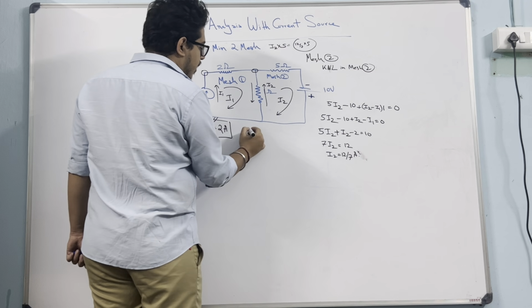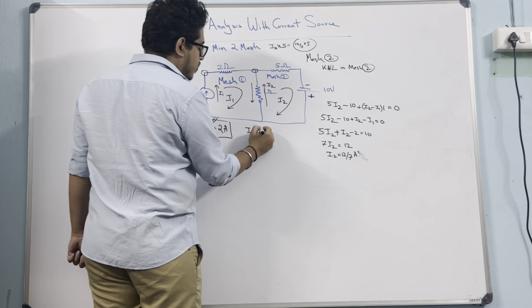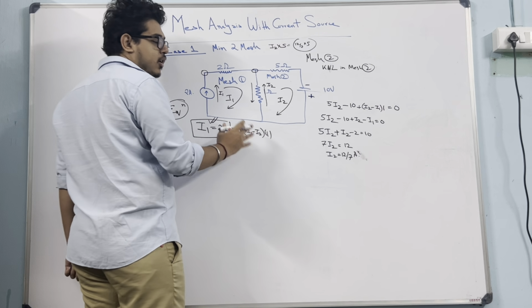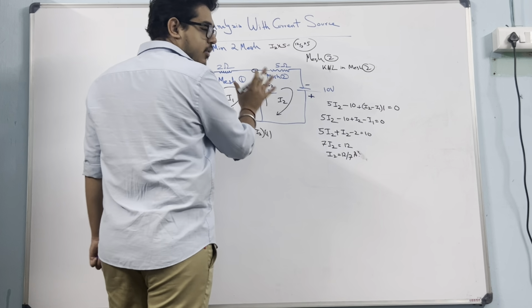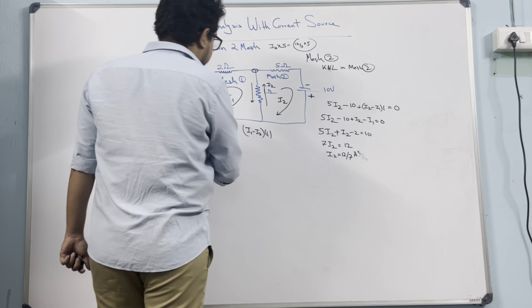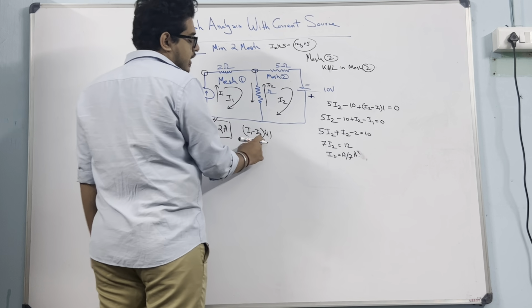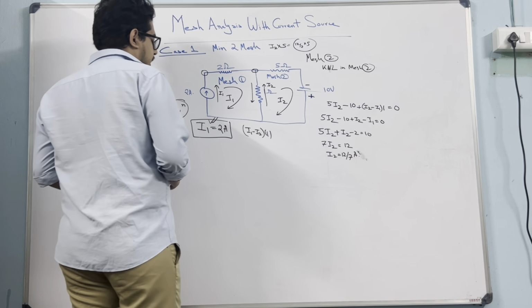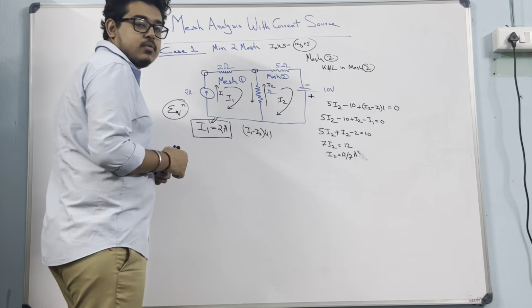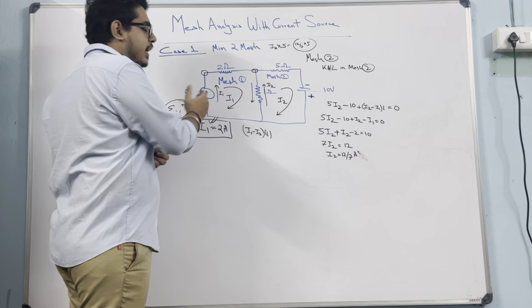It will be I1 minus I2 into 1, or I2 minus I1 into 1. It depends on which one is greater. You can easily say this I1 is greater, so that's why I write I1 minus I2 into 1. So like this we can solve case 1 of mesh analysis when a current source is present.